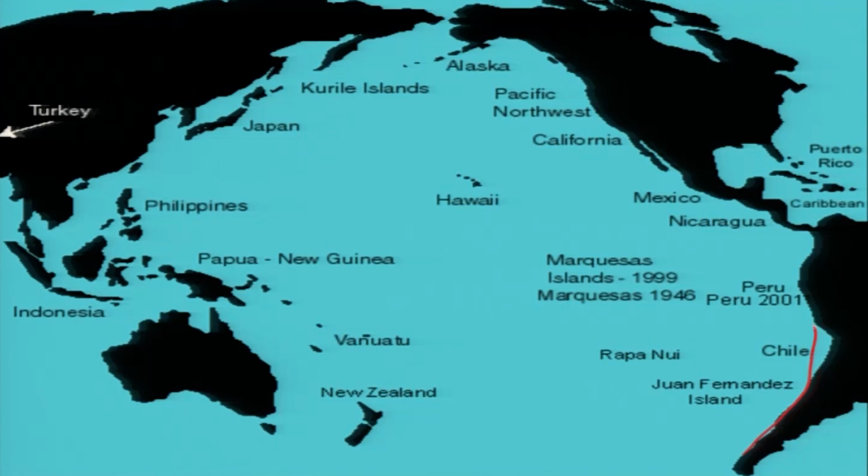This part which we have discussed is the part of the Pacific ring, or we can say the ring of fire, where most of the subduction is going on, and this is the Chilean part which was responsible for triggering the 1960 Chilean earthquake.